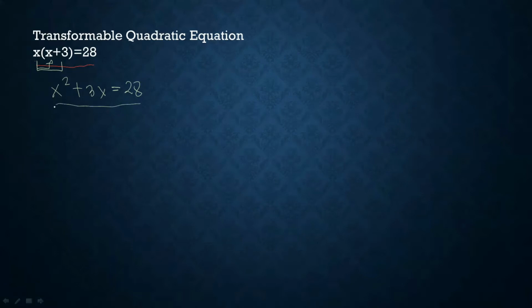So to transform this into standard form, we will transpose positive 28 to the other side. Therefore, it becomes x squared plus 3x minus 28 is equal to 0. Now we have this standard form. So, ito na yung standard form natin.